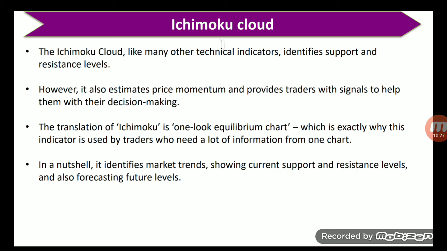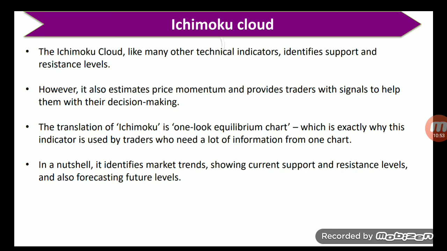The translation of Ichimoku is one look equilibrium chart. Ichimoku is a Japanese word, which is exactly why this indicator is used by traders who need a lot of information from one chart. If traders require a lot of information on one chart, then they use the Ichimoku cloud.